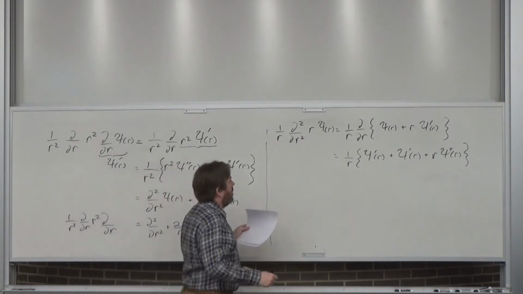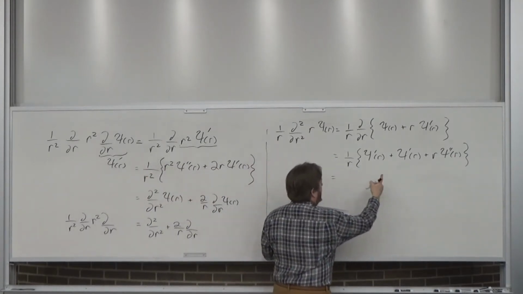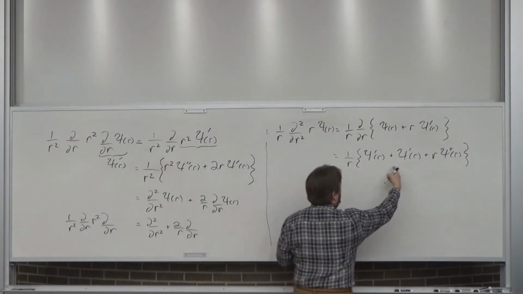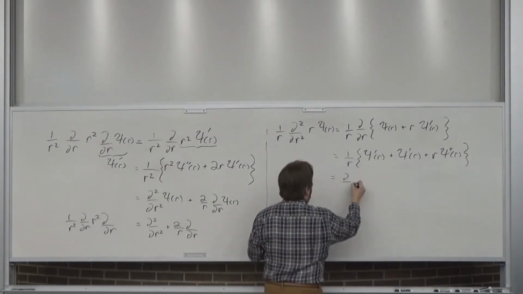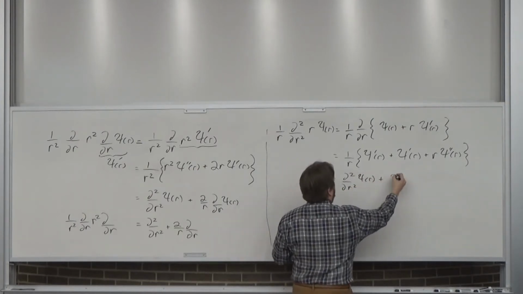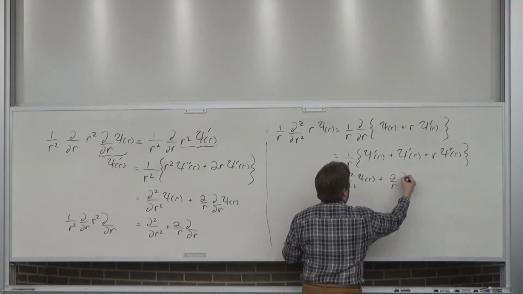Okay, so let's look at what this is. I kind of wrote these in a bad order. Let me write this last one first, which is the double derivative of r squared sine of r. And I've got 2 over r single derivatives.